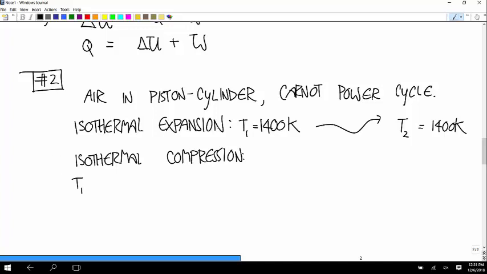For the isothermal compression, T1 is 350 Kelvin, and isothermal means that's also the T2.